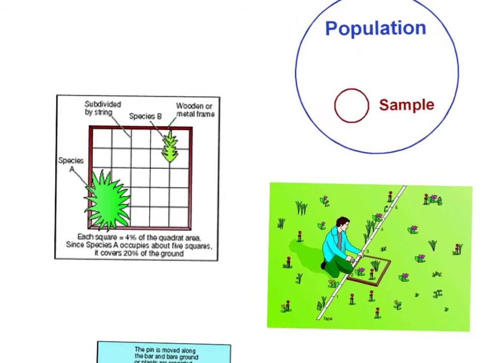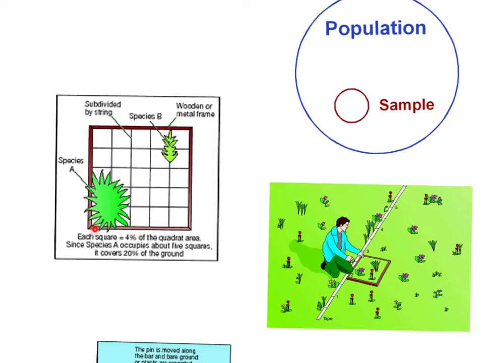So a quadrat, which you will have used before and you'll have the opportunity to use again, is simply a square frame, usually half a metre by half a metre. Some of these quadrats are divided into even smaller squares, which can help us count numbers of things within that quadrat.